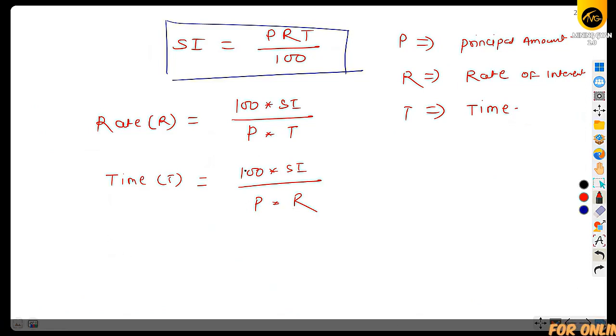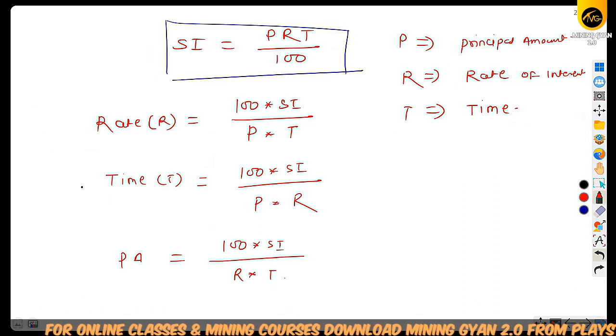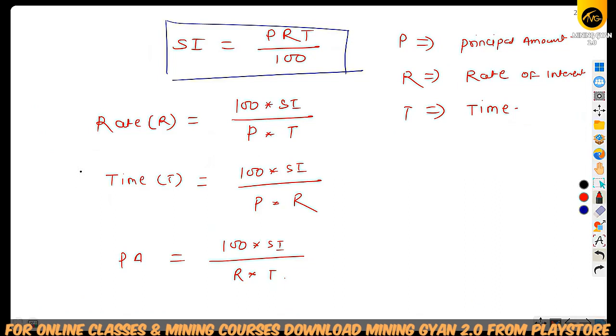And similarly, if you want to find the principal amount, P is equal to 100 into simple interest divided by R into T, rate of interest into time duration. Okay, so these are the basic formulas used to find the solution of simple interest.